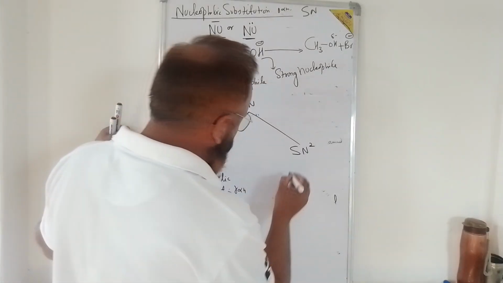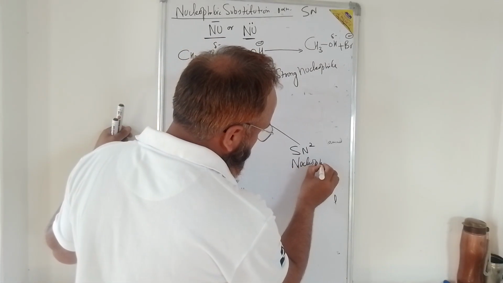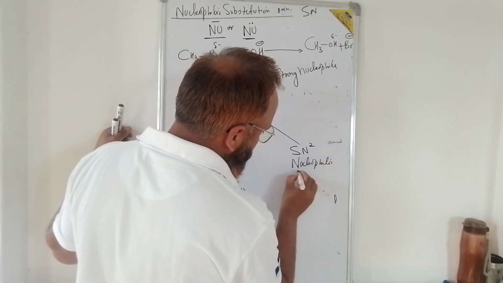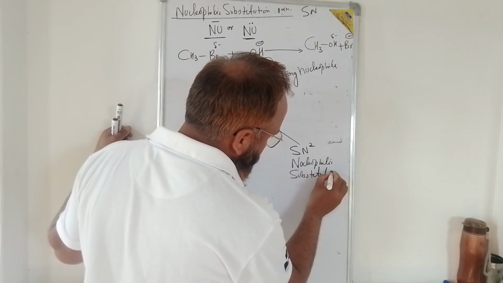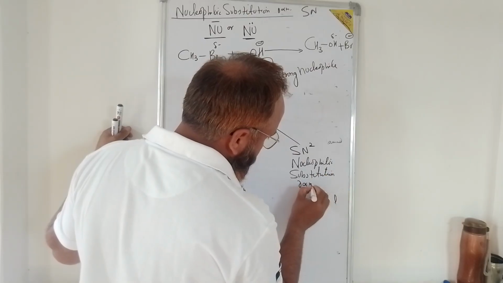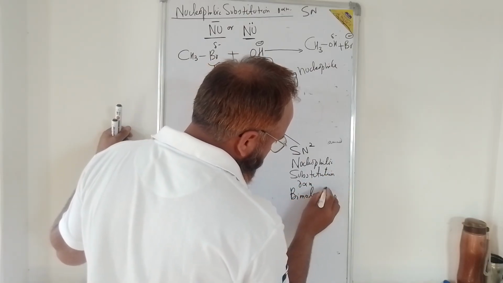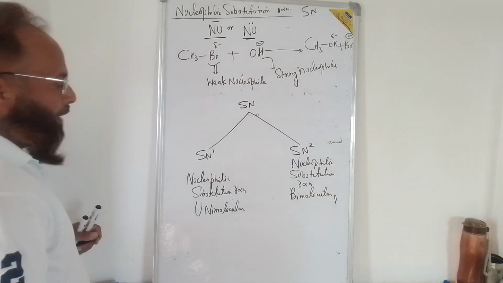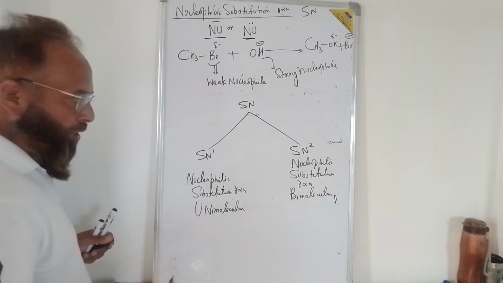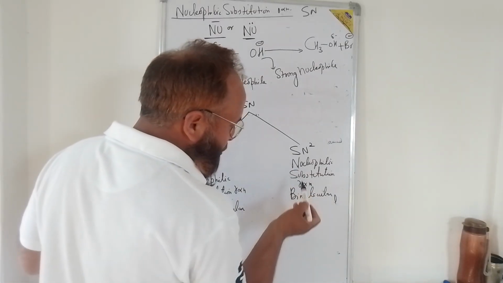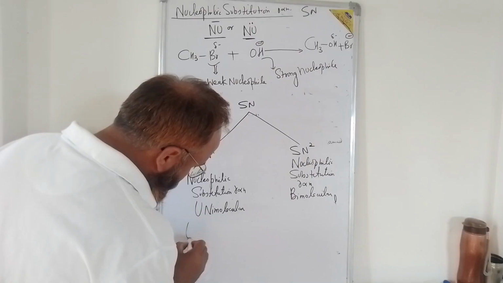And SN2 means nucleophilic substitution reaction bimolecular. So write down, SN1 represents nucleophilic substitution reaction unimolecular, and SN2 nucleophilic substitution reaction bimolecular.